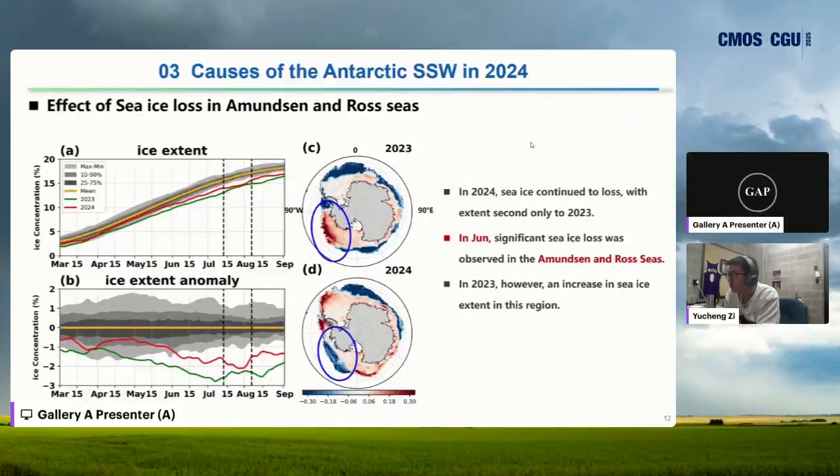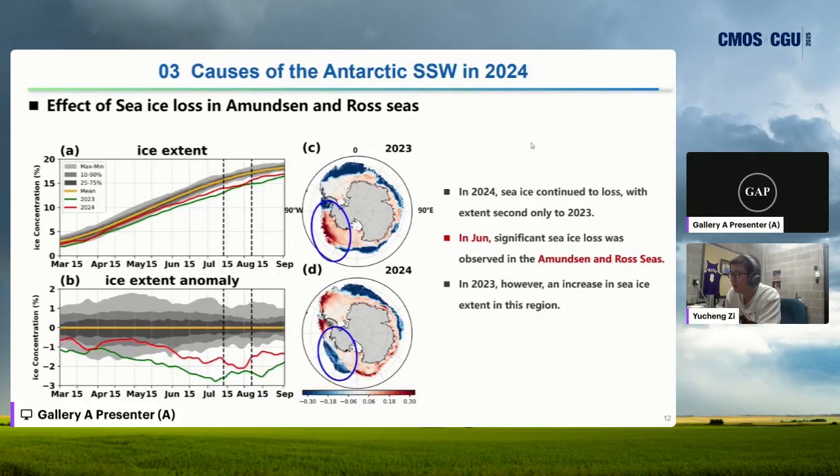The different gray shading is the maximum to minimum and 10 to 19% and so on. Panel B is the sea ice extent anomaly, and panels C and D are the distribution of the CIS concentration in 2023 and 2024.